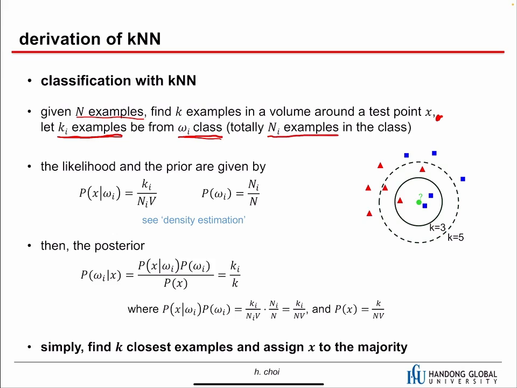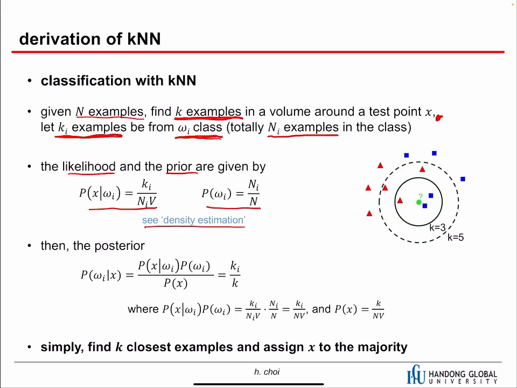And basically we have n sub i examples in that class. Again, we found k examples, and out of those k examples, we have k sub i examples in class i. Then we're going to derive these equations based on the likelihood and the prior. These can be given based on the density estimation chapter.